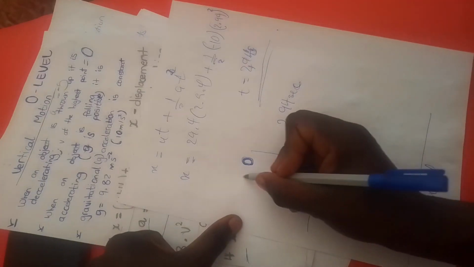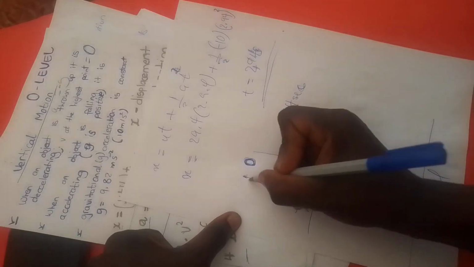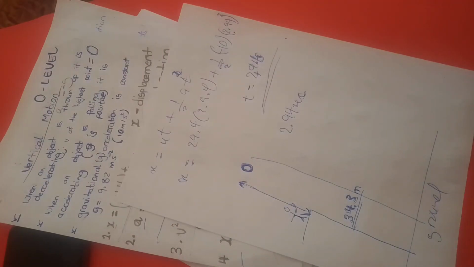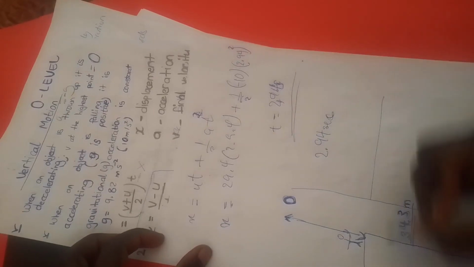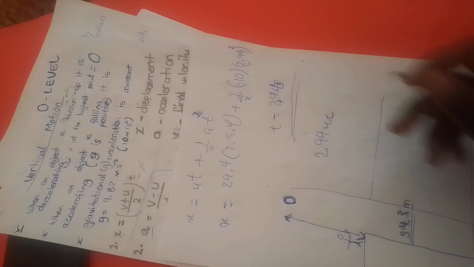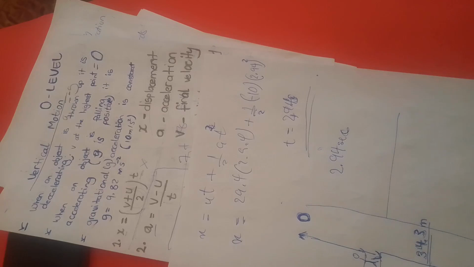But for us to know that, we need to know how far the stone traveled from the position of the thrower, who was 34.3 meters above ground, to the highest position. So that's why now we are using this equation, using this time. This time is to travel from here to here. Using this time, we're using this equation, which is x is equal to ut plus half at squared, to know how far the stone traveled above the position of the thrower.